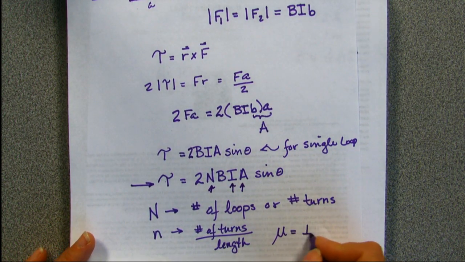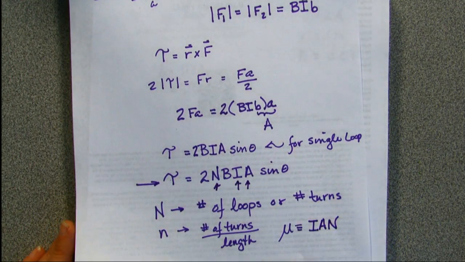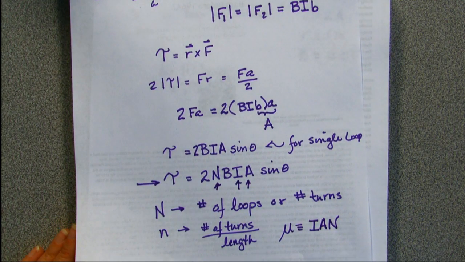The magnetic moment is IAN, and it's just going to simplify my life a little bit. How many turns do I have? What's the current in the wire, and what's the area? It makes it a little bit easier to work with.